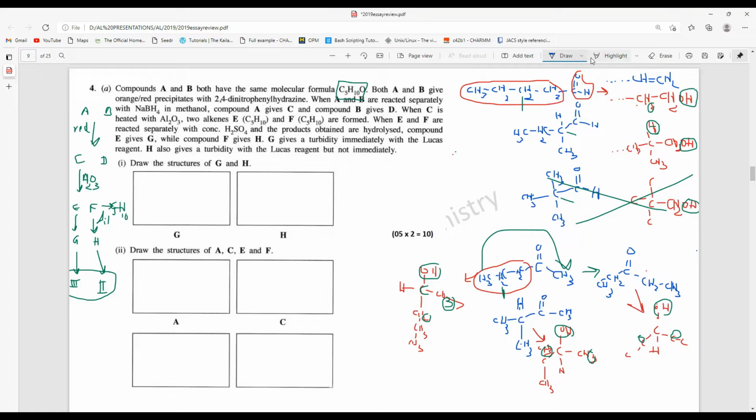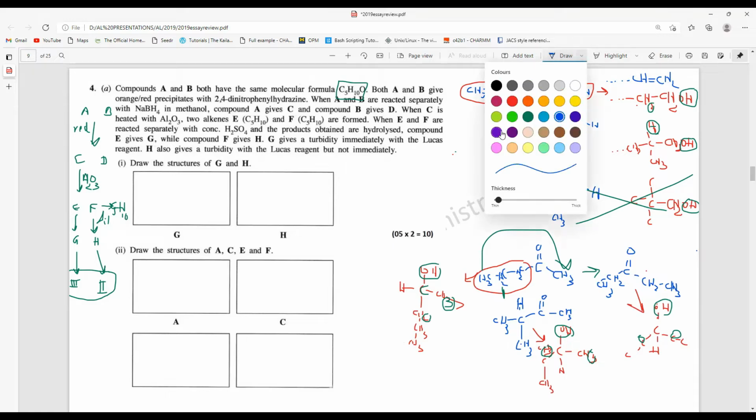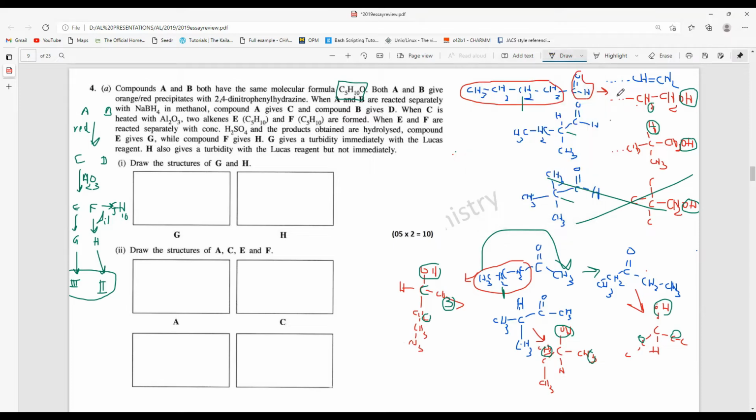If I draw this one in a separate color, the brown color, this would give OH, CH3, hydrogen, and a linear chain. 1, 2, 3, 4, 5. Because hydrogen is added to the place where you have maximum hydrogen, according to the Markovnikov rule.